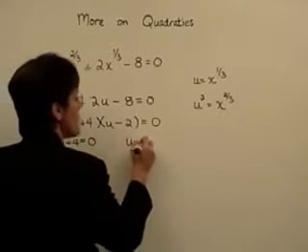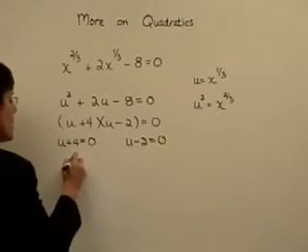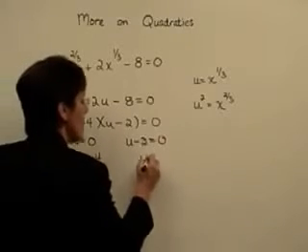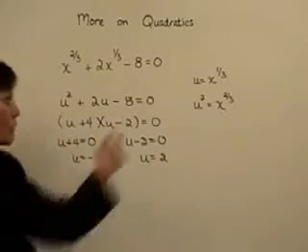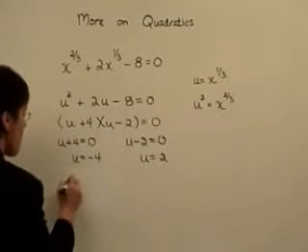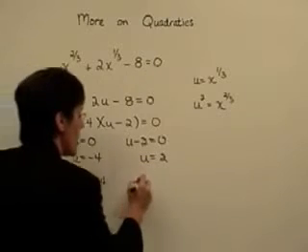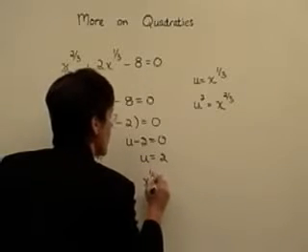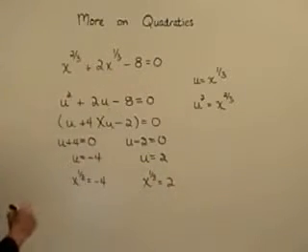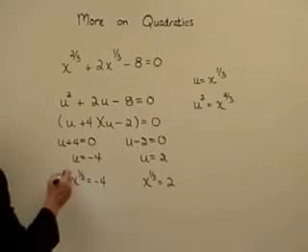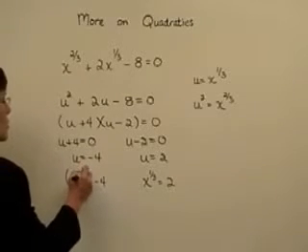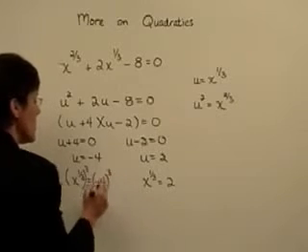I'm showing you the steps this time. I have a little bit more room to do that. So u is equal to a -4 and u is equal to a +2. Remember though, u is equal to x to the 1/3 power. So in each case, I'm going to replace u with x to the 1/3 power. And in order to make that become an x, I'm going to cube both sides of this equation to solve for x.